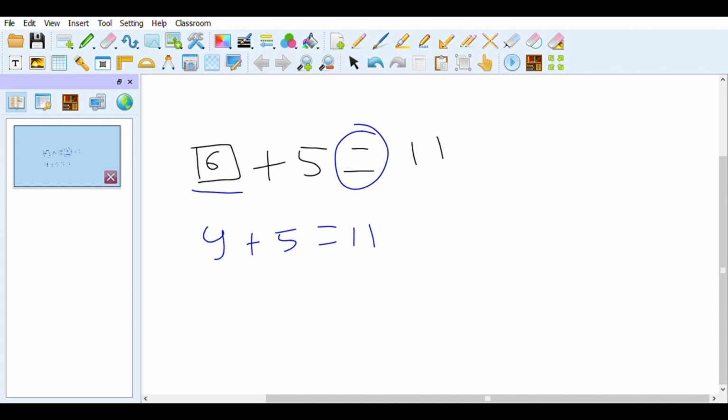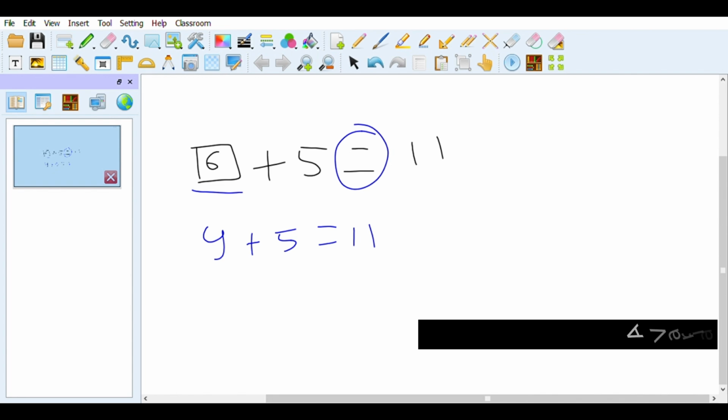Okay, we're now using y to represent the box. So that box there is like a container and is empty, and we need to fill it with a number that will make the equation true. So that box that is now represented by the letter y is what we call a variable.